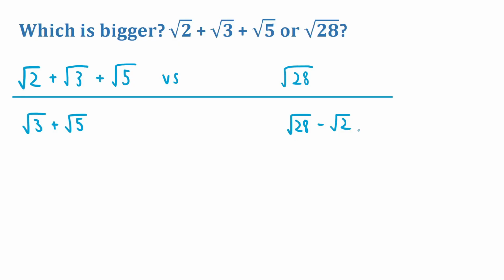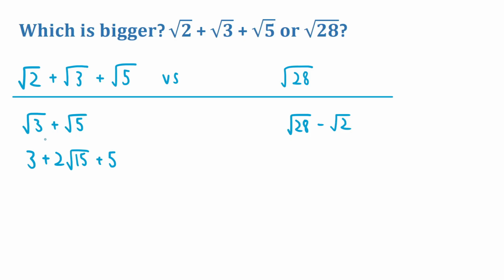So the next thing we should do is square both sides of the expression. If we square the left-hand side, we end up with 3 plus 2 square root of 15 plus 5, which we get from the perfect squares formula. Note that the result is just the sum of square root of 3 all squared, which equals 3, and square root of 5 all squared, which equals 5, and also the 2ab term, which is 2 times the product of the two terms.